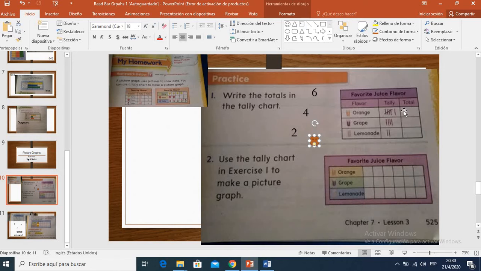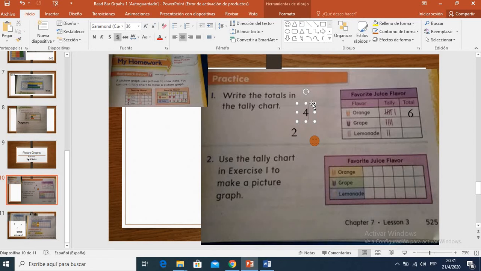Let's see what the survey is about. This survey is about the favorite juice flavor. Orange juice, grape juice, and lemonade juice. Okay? Let's count the votes for orange juice. How many? 6. Very good. So you need to write the number 6 with your pencil and do it well, okay?